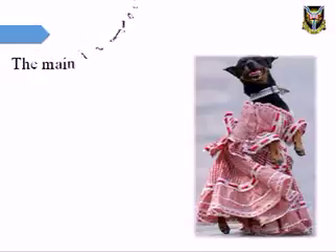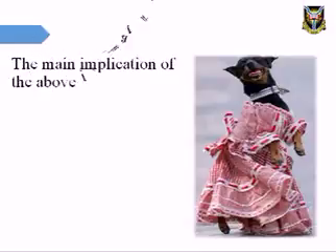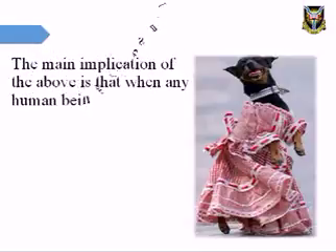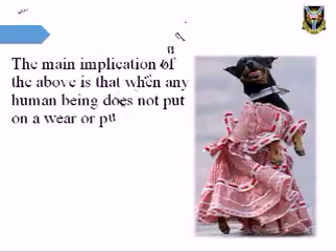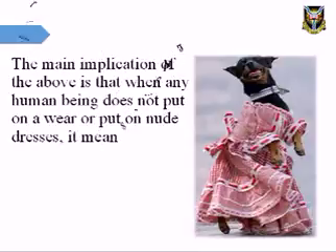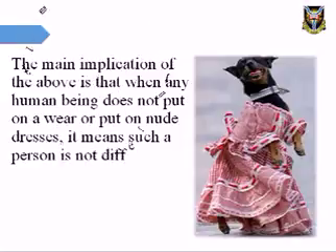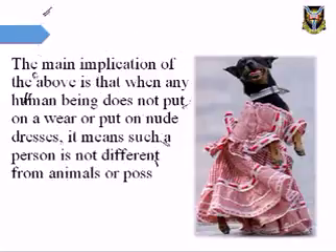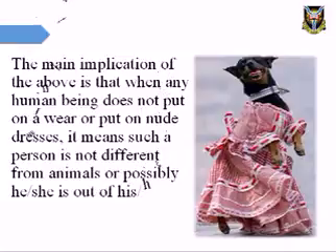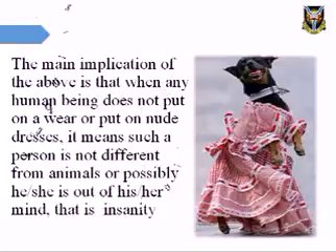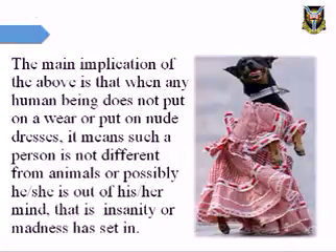The main implication of the above is that when any human being does not put on a wear, or puts on nude dresses, it means such a person is not different from animals, or possibly he or she is out of his or her mind. That is insanity or madness as such.